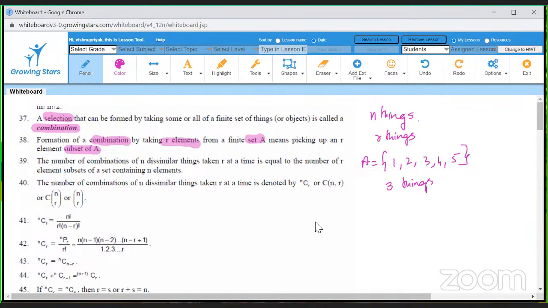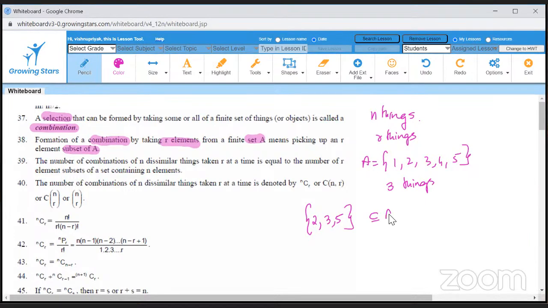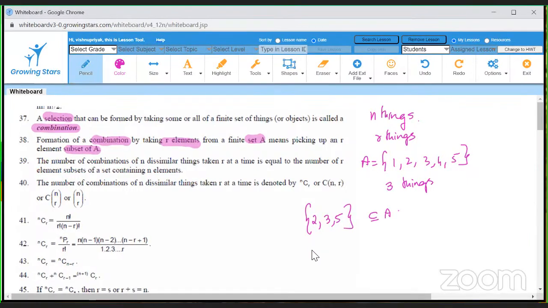I'll pick 2, 3 and 5. So these three numbers which I have picked up, this is a subset of A. Suppose if I pick up 1, 2 and 4, that also will be a subset of A. Suppose if I pick up 1, 3 and 5, that also will be a subset. Whatever combination I pick up, that is a subset of it. That is what they are saying in point 38.